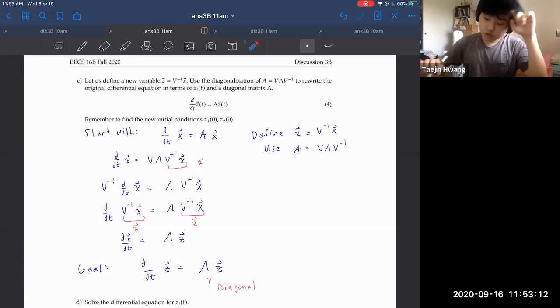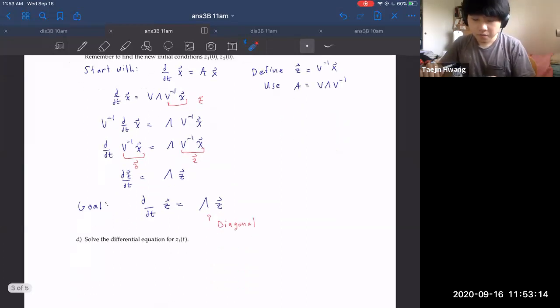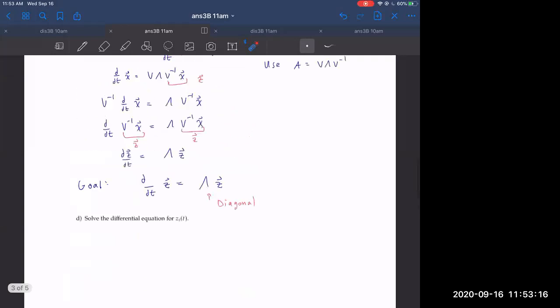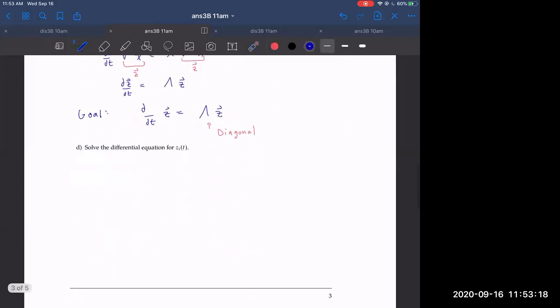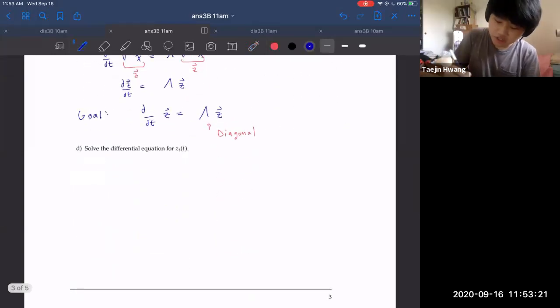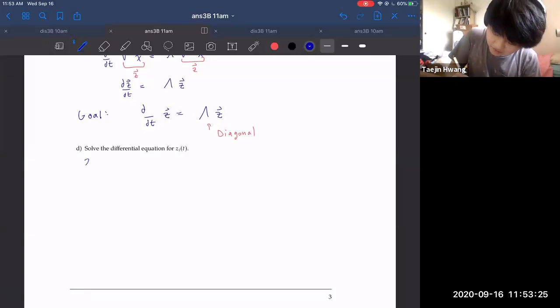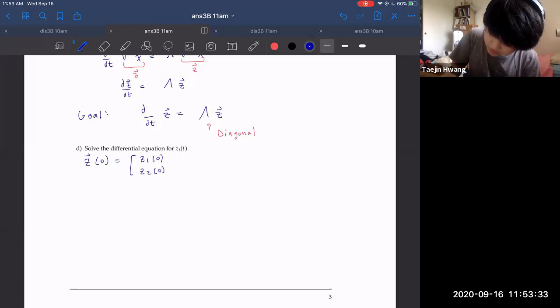Okay, so moving on. Do we find the initial conditions in that problem? I'll just start it in part D, because we really are going to use them there. You might wonder how we find these.